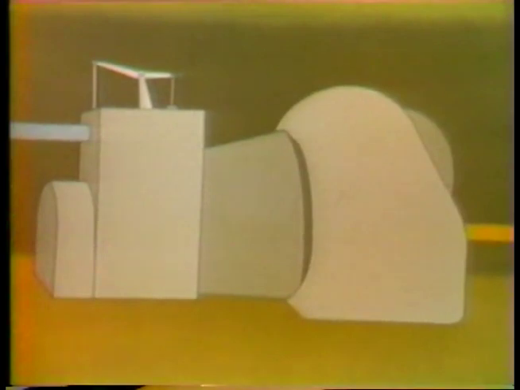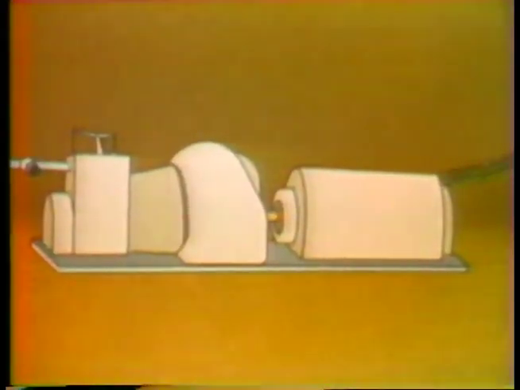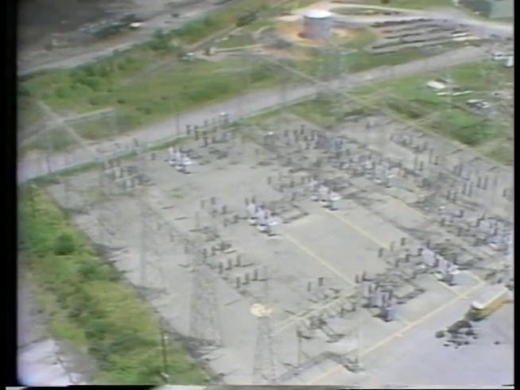In the turbine, the thermal energy in the steam is transformed into mechanical energy as it passes through the turbine blades, causing the turbine rotor to turn. Now, since the turbine is connected to the generator, it also turns. The generator transforms the mechanical energy of the rotation into electrical energy that can be used by the plant's customers.